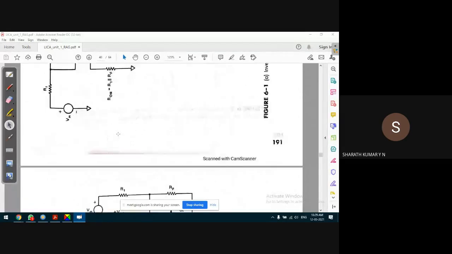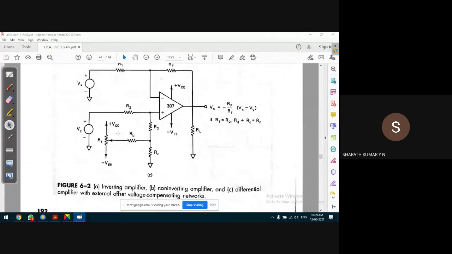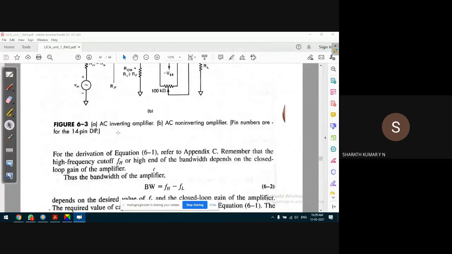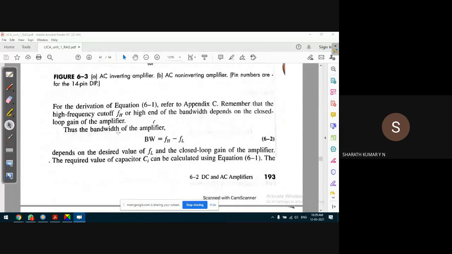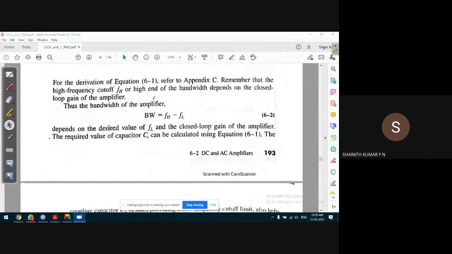Similarly, we can set the upper cutoff frequency using the output capacitor. I think that is not discussed in this textbook, so I'm limiting myself to this textbook because we're running out of time and we need to cover the topics. The bandwidth of the AC amplifier can be written as FH minus FL.